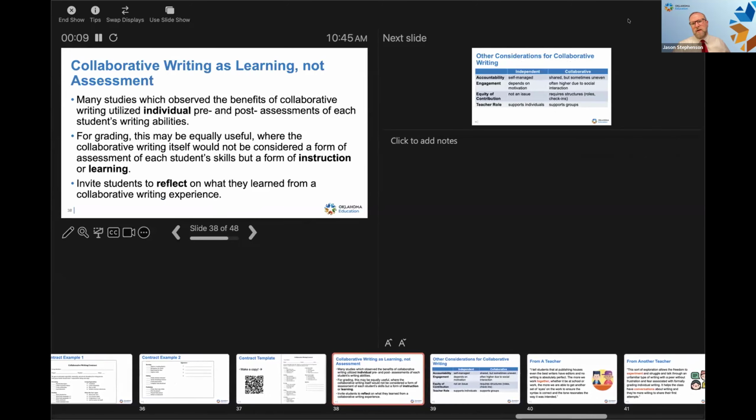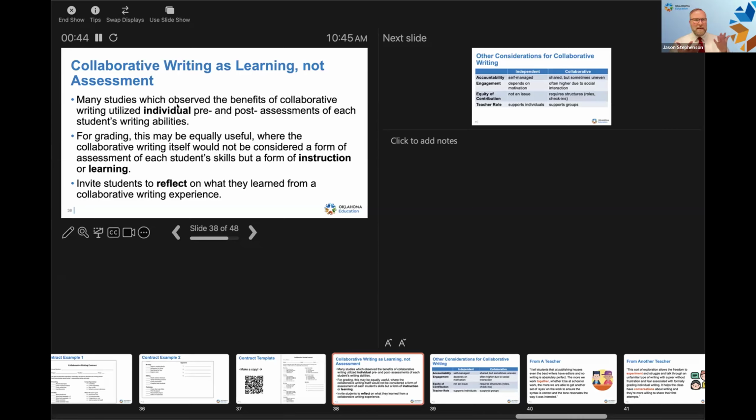So some things to consider when it comes to assessment of collaborative writing, which you maybe have been thinking about. Many studies which observe the benefits of collaborative writing used individualized pre and post tests to determine students' writing abilities. So students were tested in a different way, not with the product of the collaborative writing, but with a different test to see how their abilities had grown as a result of working in a group.